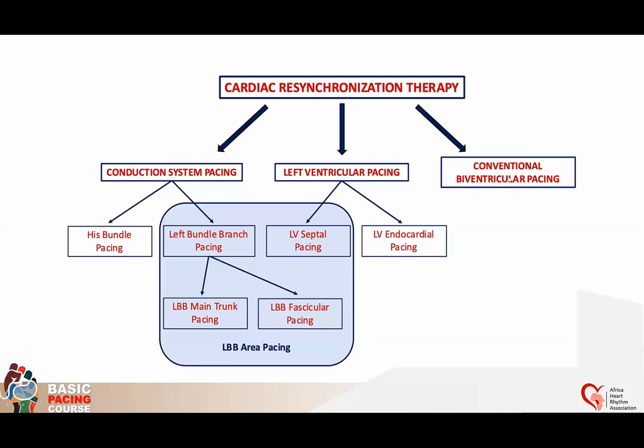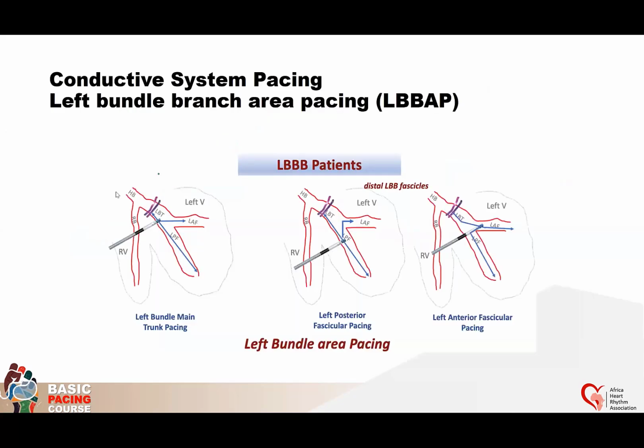Talking about biventricular pacing and resynchronization, we have to mention the growing interest in other modalities like pacing the conductive system for resynchronization and prevention of LV deterioration by RV-only pacing. And notably, we can talk about the left bundle branch area pacing, which is implanting your RV lead over the left bundle main trunk or the left posterior fascicle or the left anterior fascicle.